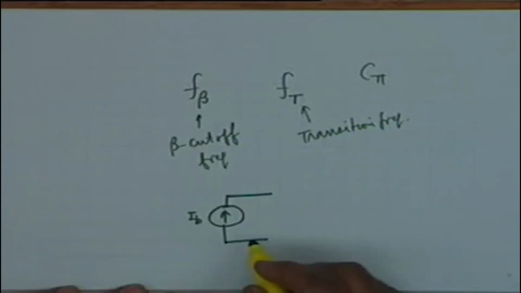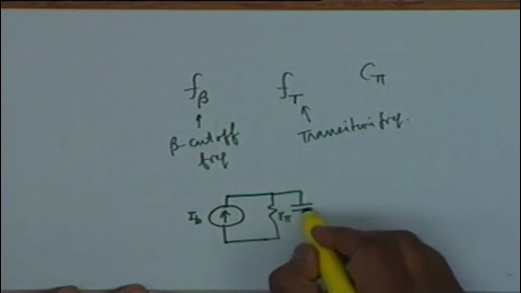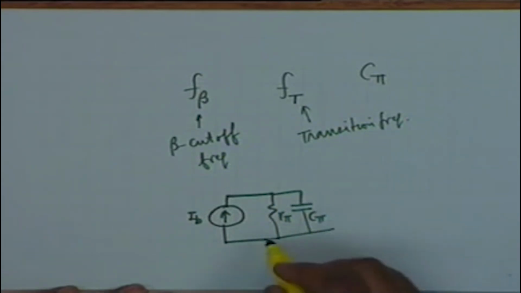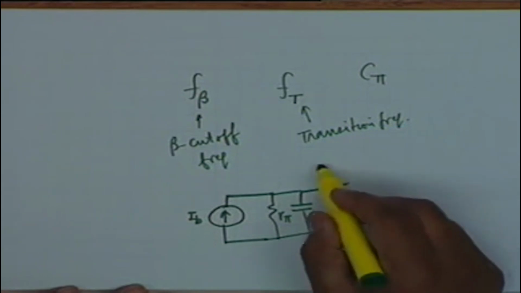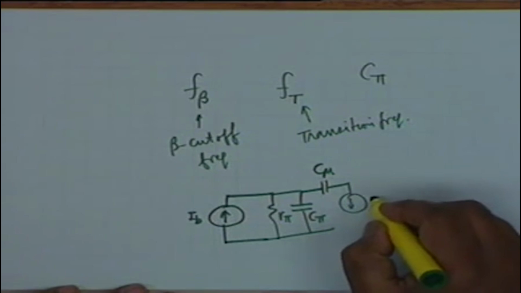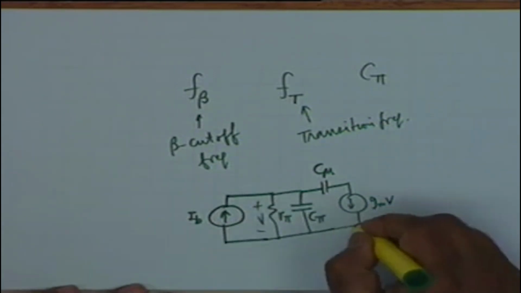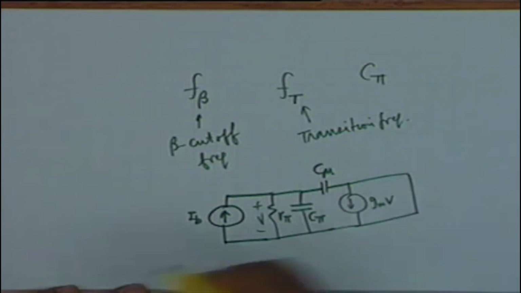In terms of the equivalent circuit, in the base you have R pi, C pi, then you have C mu, then you have GMV, this is V, and as I said, you short circuit the collector.